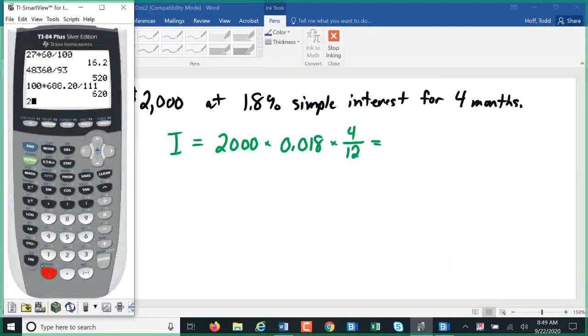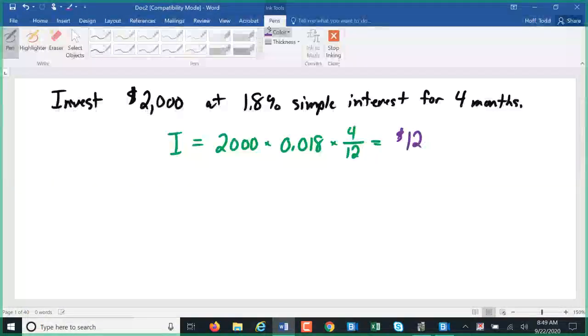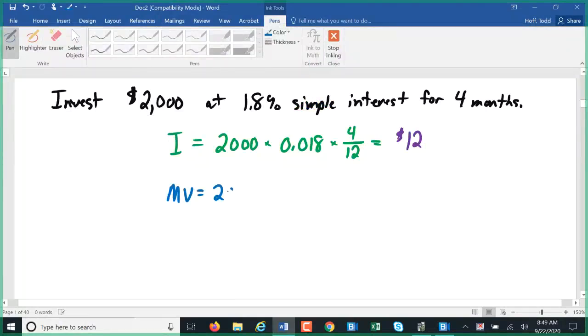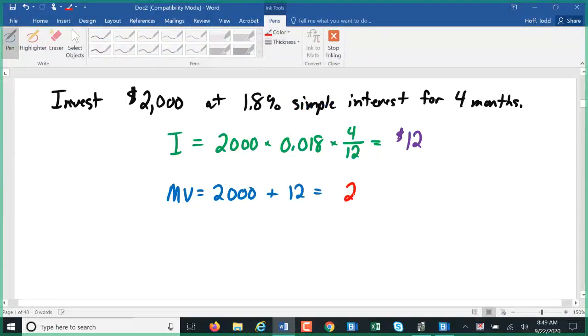So now 2,000 times 0.018. To enter the 4/12, I don't have to enter it as a fraction. I just do times 4 divided by 12. It gives me $12 in interest. So that means my maturity value would be the $2,000 plus the $12 in interest, or $2,012 after those 4 months.